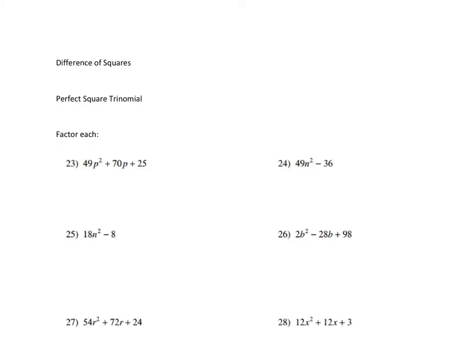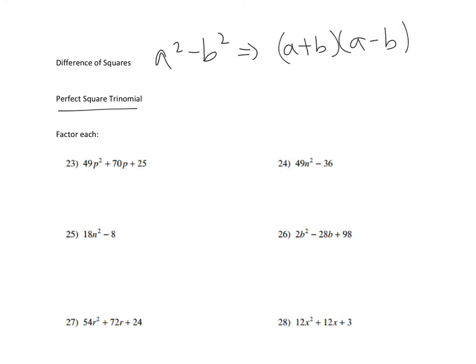So difference of squares we already talked about was a squared minus b squared, and that's going to factor out into a plus b, a minus b. Perfect square trinomials, what we're going to focus on today, that's when you have something like a plus b squared. This is the factored form.